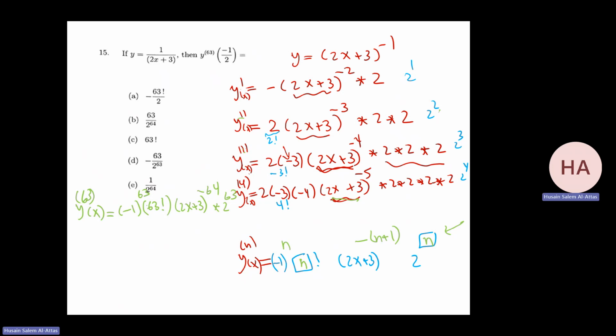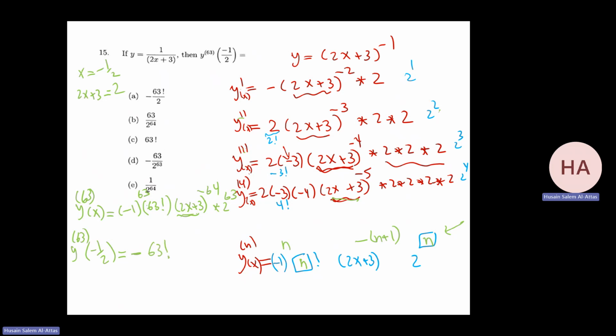Okay, now I need to substitute at minus half. Actually, I substituted here. So let me do it easily here. If x equals minus half, 2x plus 3 will be what? Minus 1 plus 3, it will be 2. So that will be minus 1 to the power 63, which is minus 63 factorial.